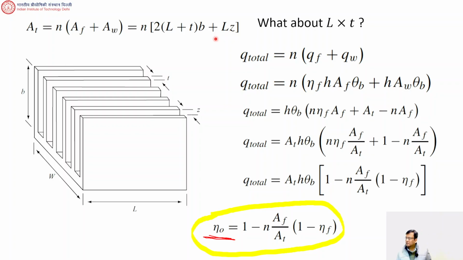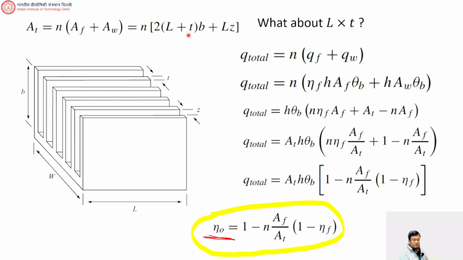To understand the whole thing, this is A total. Tell me whether this is all right or not. A total is okay. So we have n, obviously the number, multiplied by AF plus AW, and this is AF.